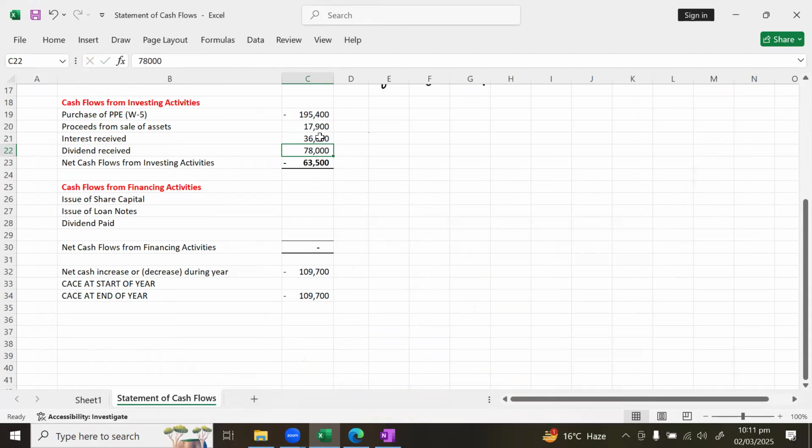So 63,500 is the cash flows from investing activities.